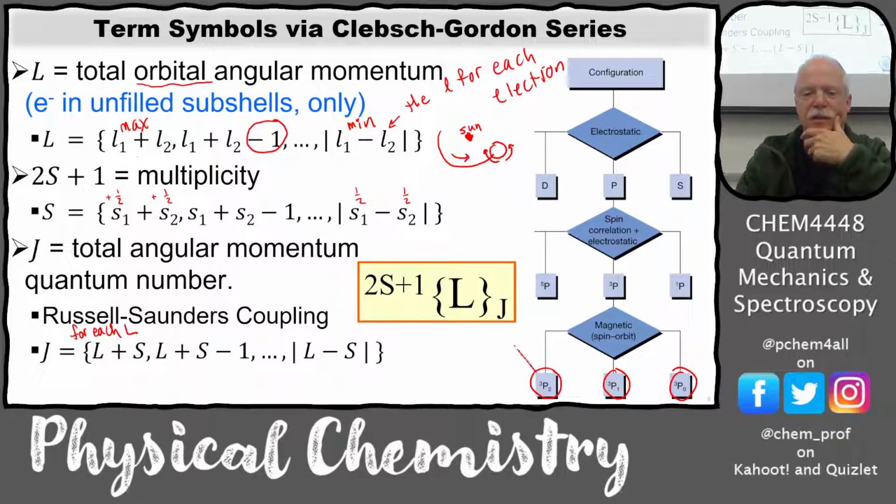Okay, so here's all the quantum numbers. That multiplicity is up here as a prefix superscript. Then you have the capital L piece, and then you have the set of J values. So whenever you pick an L, you come up with the J values. Then you have 3 different terms if you have 3 J values.